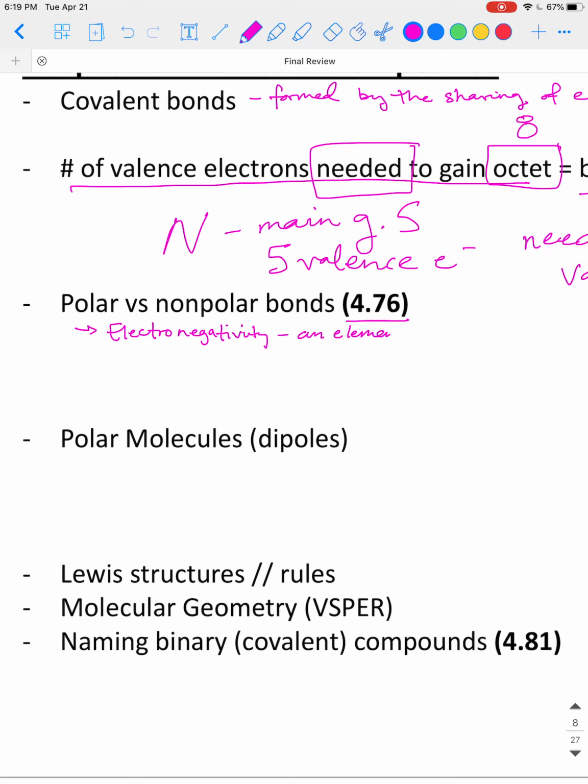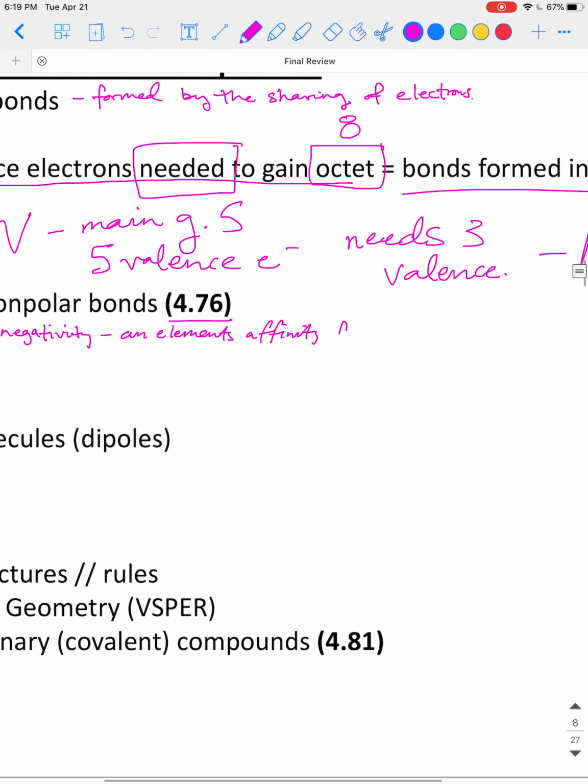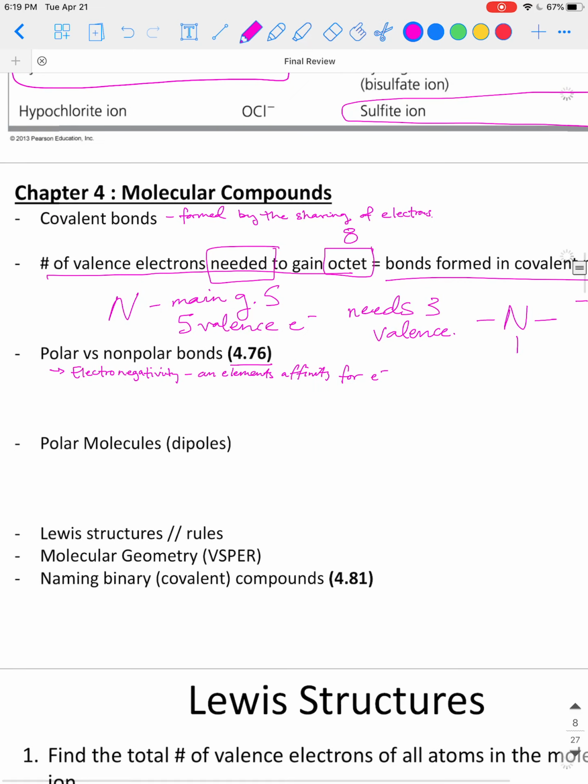Electronegativity has to do with an element's affinity for electrons. The more an atom wants an electron, the more electronegative it is.